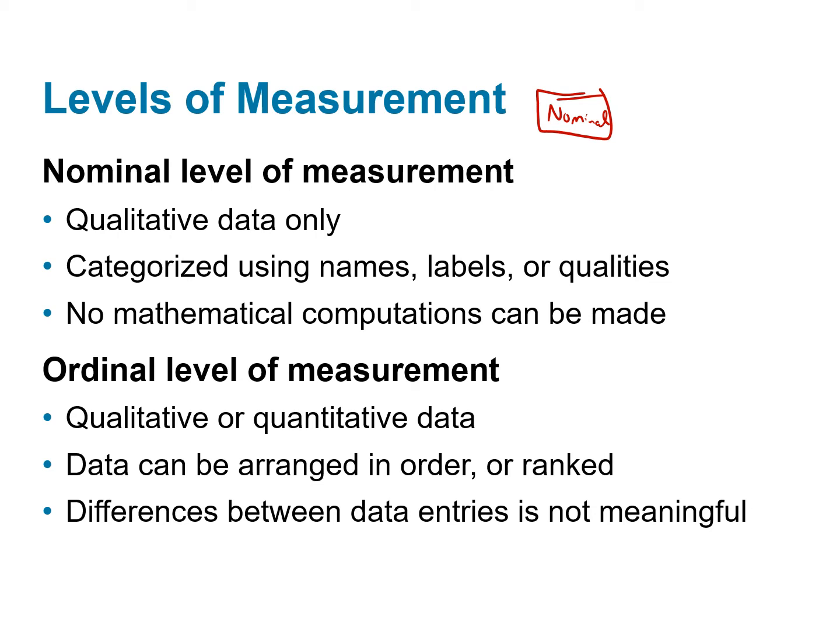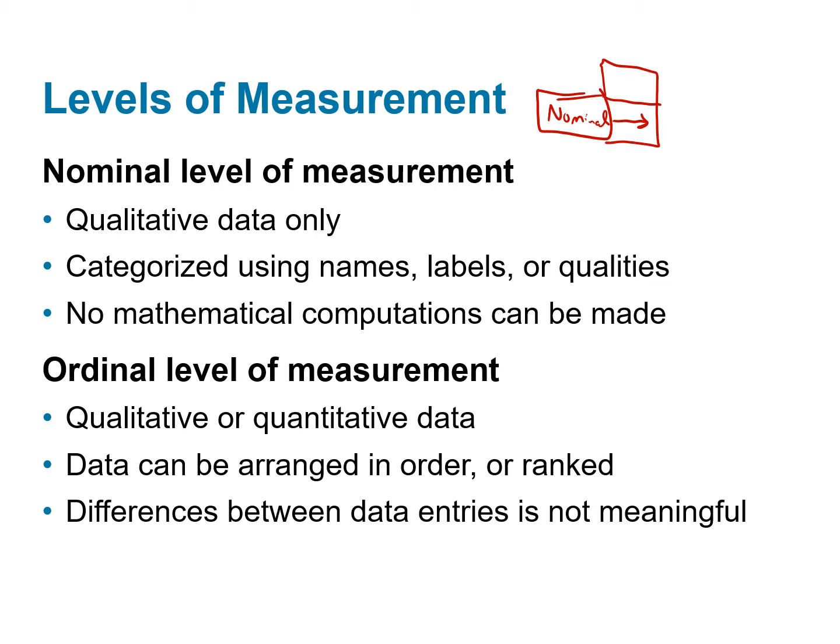The next level, we go up a step on our staircase. We still have all the properties of the nominal data, but now we're adding something. We're still categorizing the data, but now at the ordinal level, this can be qualitative or quantitative data. So we can have numbers or we can have words. The new piece that we're adding at the ordinal level of measurement is an order.